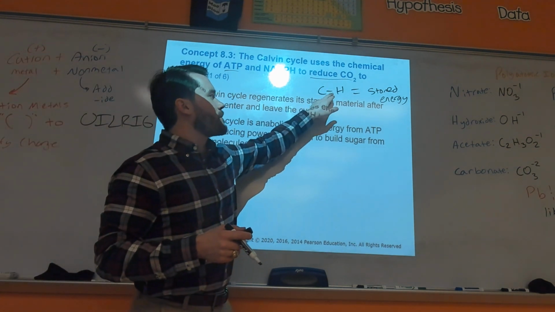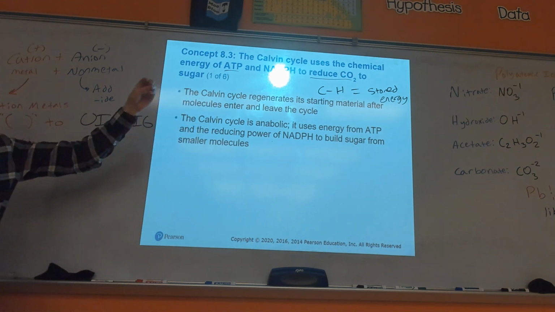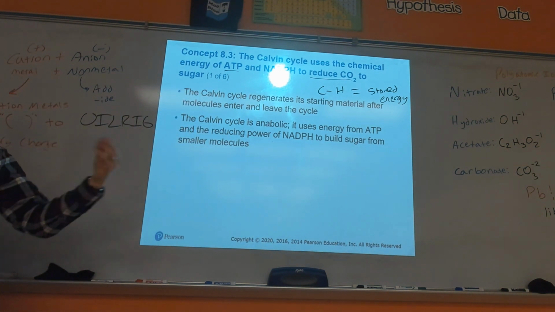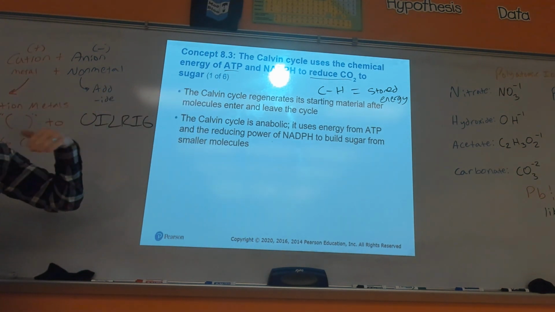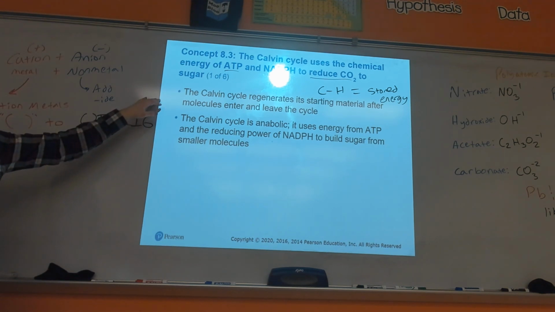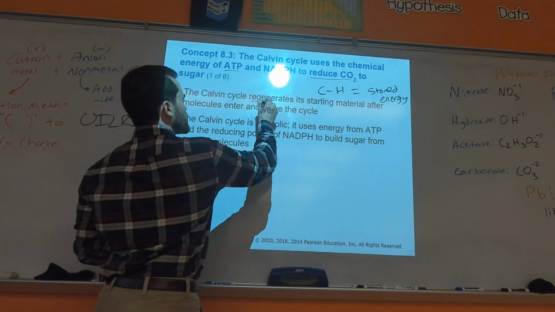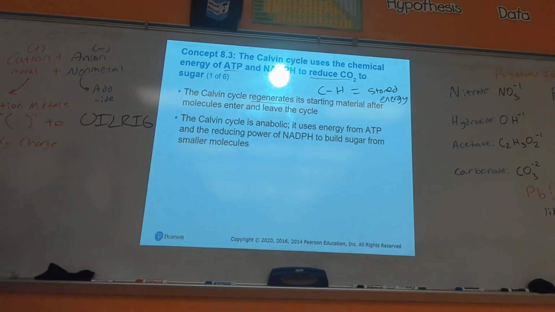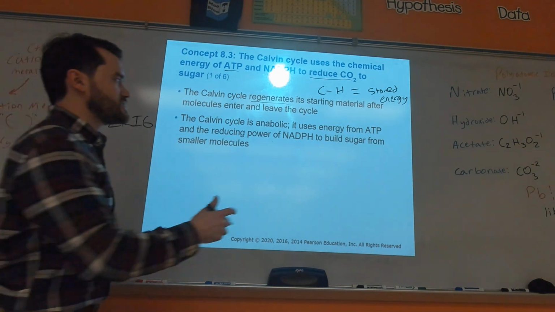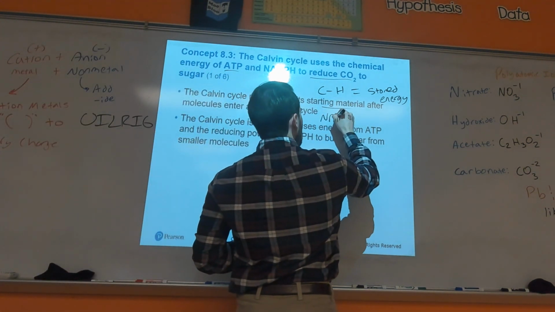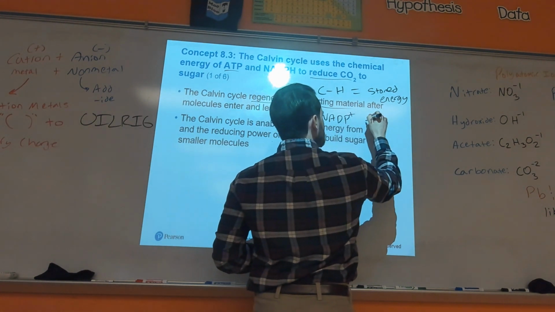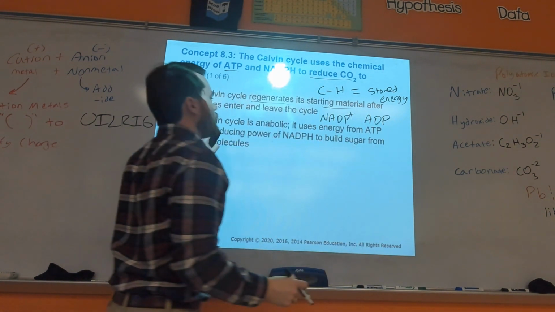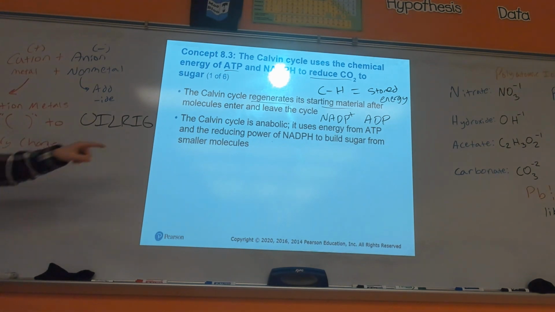We're going to add a bunch of carbon to hydrogen bonds to a collection of CO2 atoms. And I'll show you what that looks like when we get into the actual cycle. And then we're also going to regenerate those starting materials that we used, the NADP+ and the ADP that we used to build the ATP and NADPH.